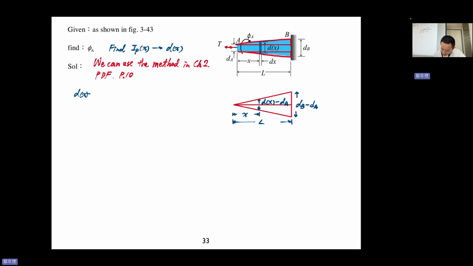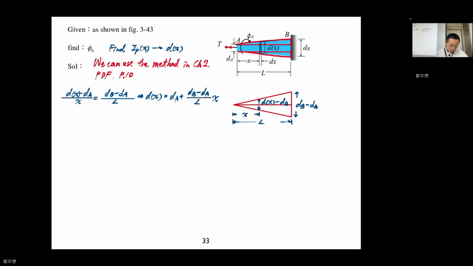Dx minus dA divided by x, the ratio will be equal to that of the similar triangle, dB minus dA over L. So your dx equals dA plus (dB minus dA) divided by L times x. Okay, so that's it.